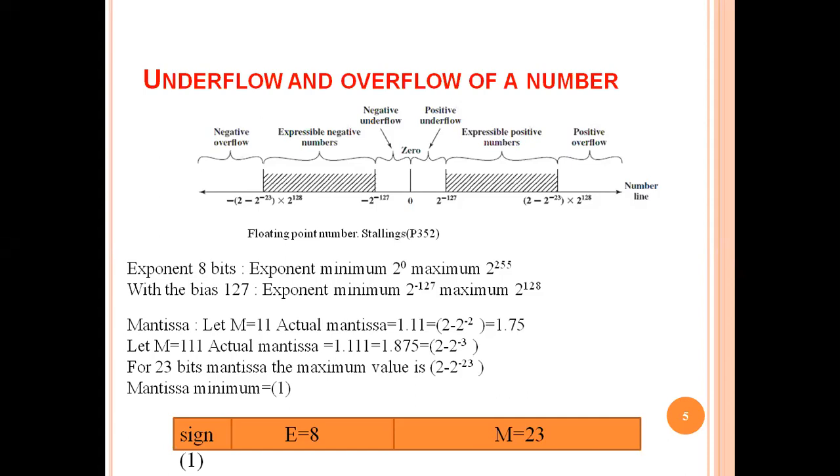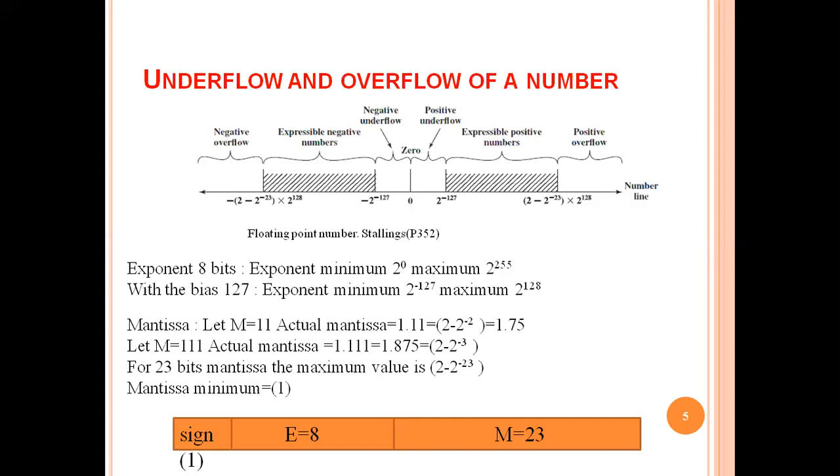Now the question is, what is underflow of a number and what is overflow of a number? Suppose you have designed one processor where the maximum value it can take is 10, and the minimum value it can take is -10. Clear?